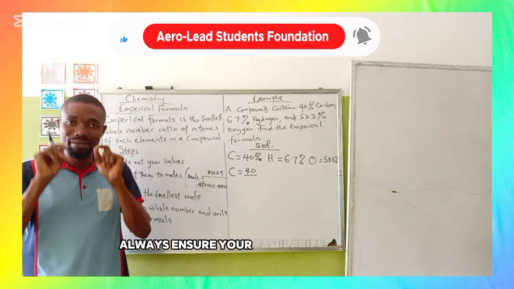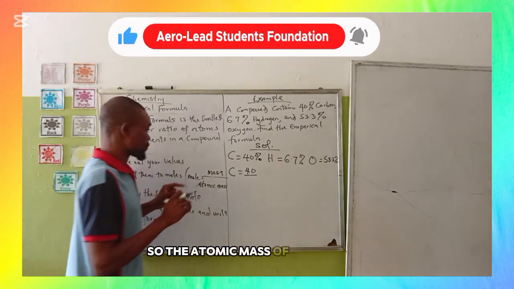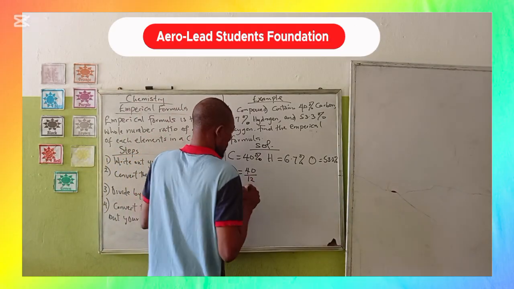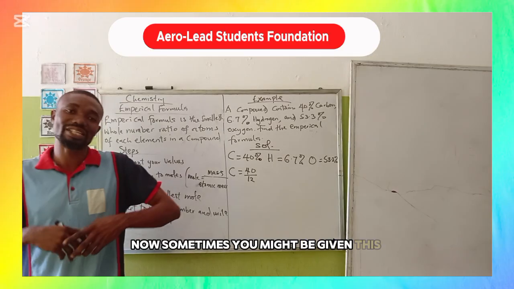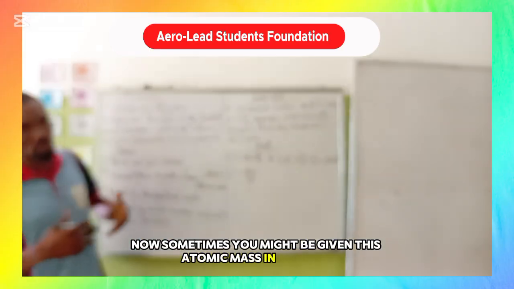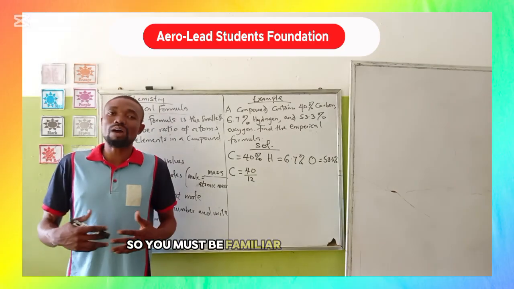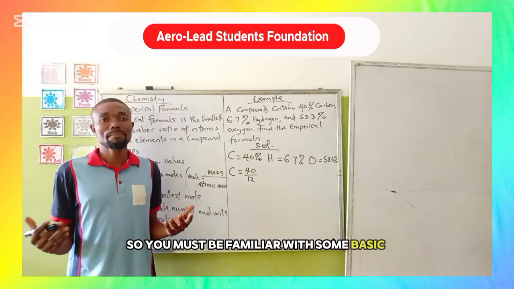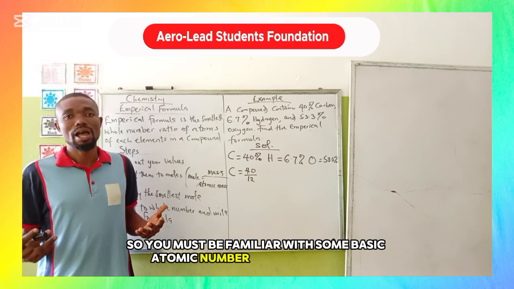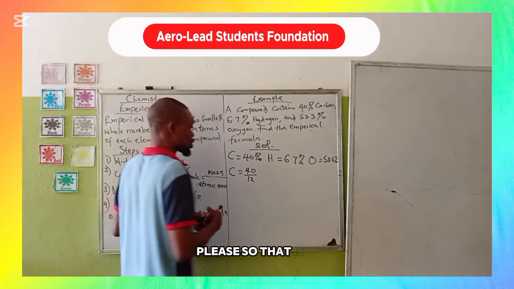Always ensure you are familiar with your periodic table. So the atomic mass of carbon is 12. Sometimes you might be given the atomic mass in your exams, or sometimes you will not be given. So you must be familiar with some basic atomic numbers and mass numbers. So that is 12.